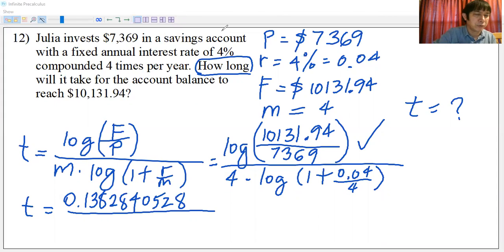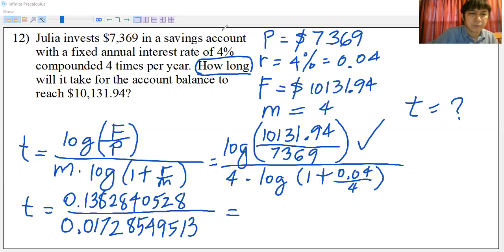That will be about 0.01728549513. There, that will be our divisor. Okay, so we will just divide this by this one.